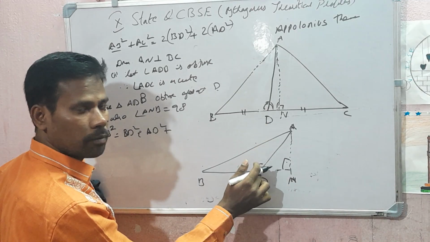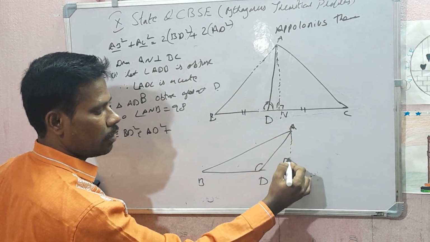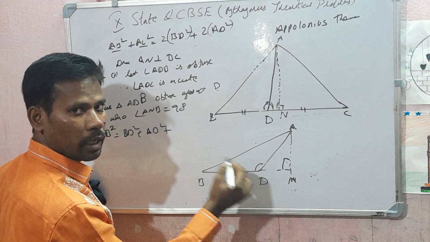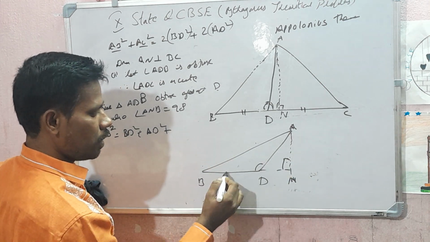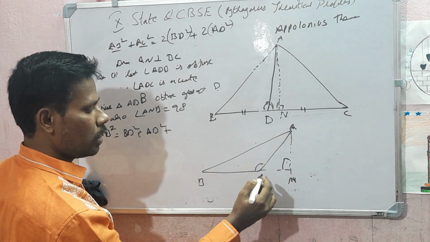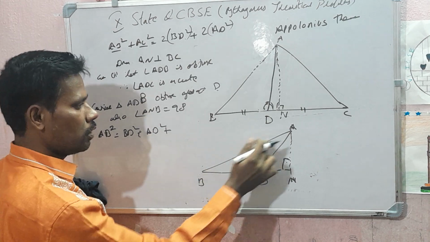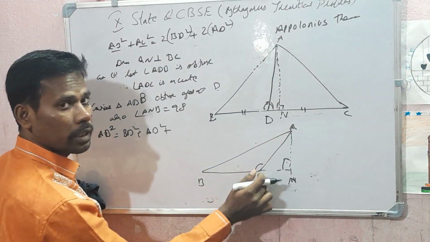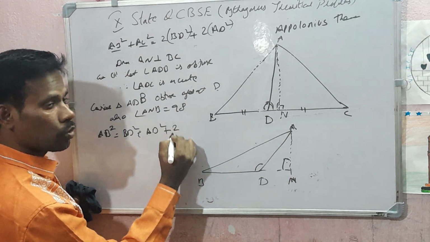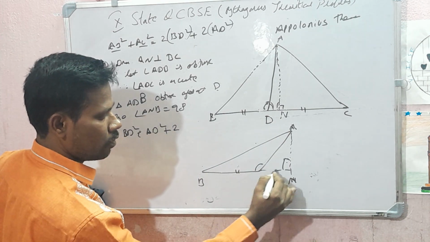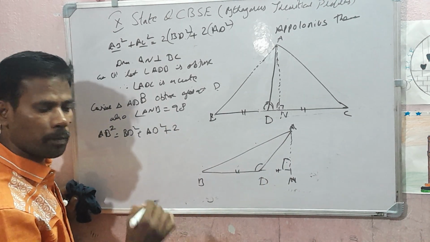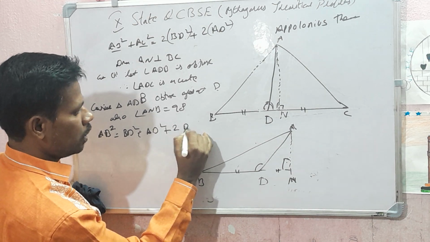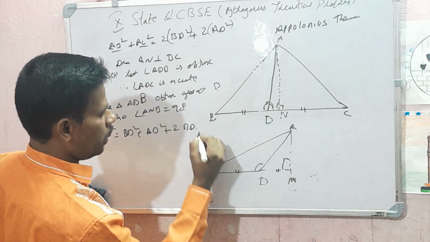Since this is an obtuse angle, from case 1 or from the earlier theorem, AB square is equal to BD square plus AD square plus twice the product of the base and the part of the base, plus 2 times BD dot DN.